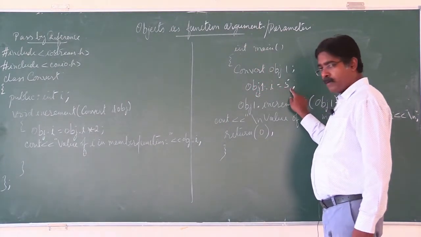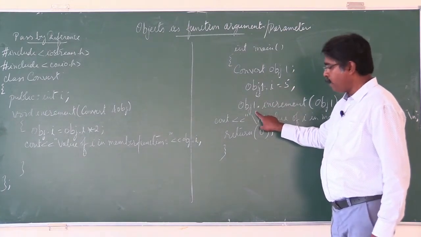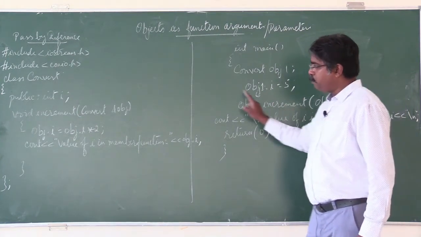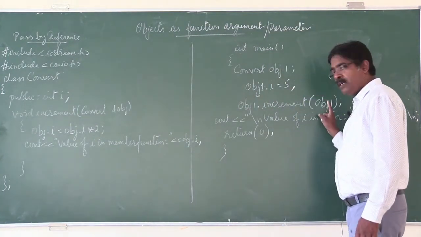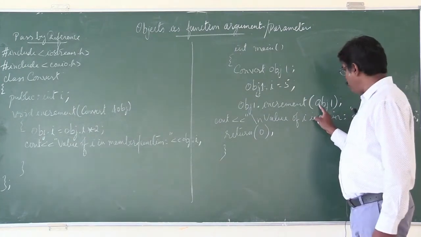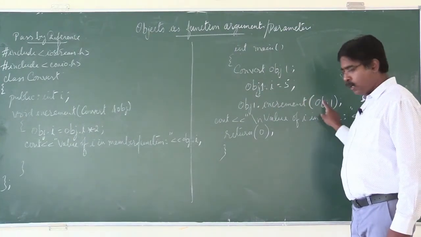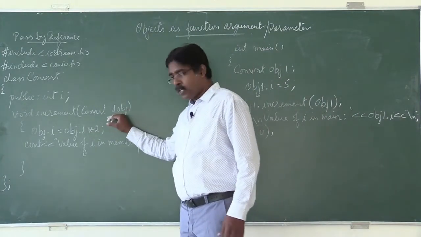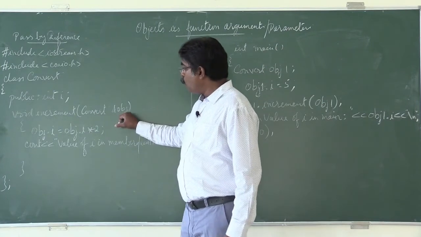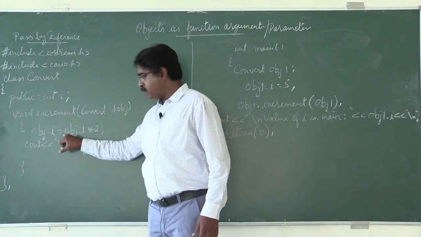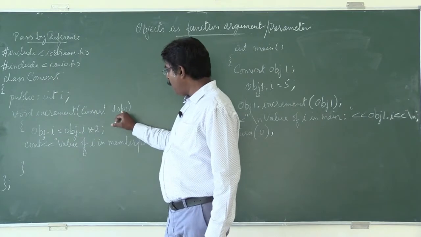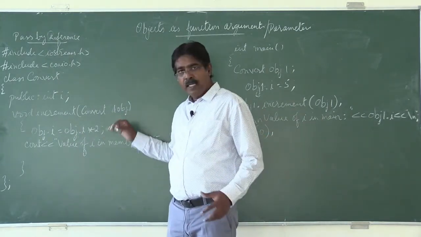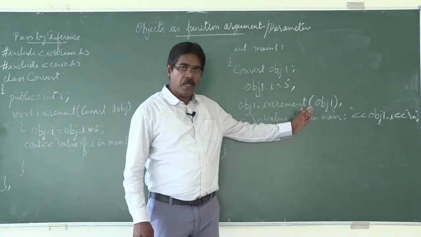I equals 5. Then obj1 is the object in main which is accessing the member function. While accessing, it is giving the argument as itself, obj1. The argument is passed as reference because here the address operator is there. Now obj.I will be acting like obj1, since obj is an alias of obj1.